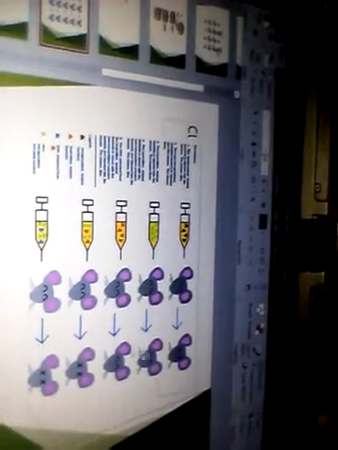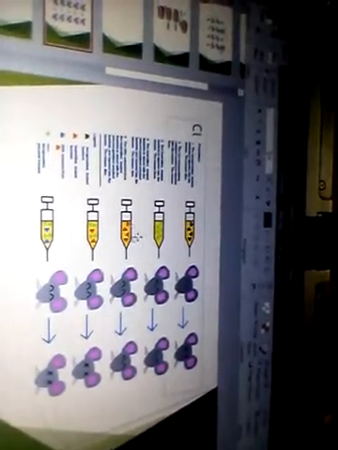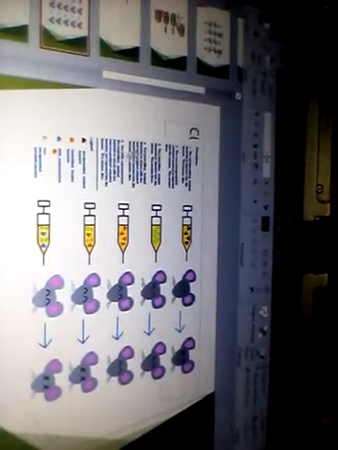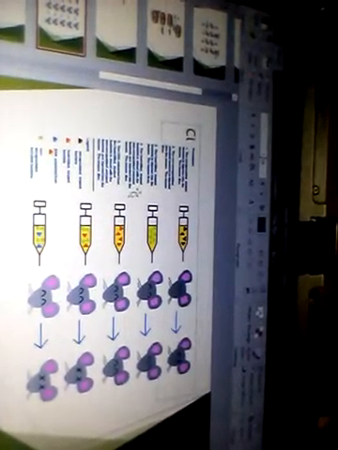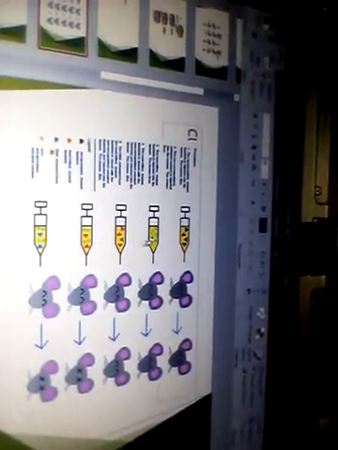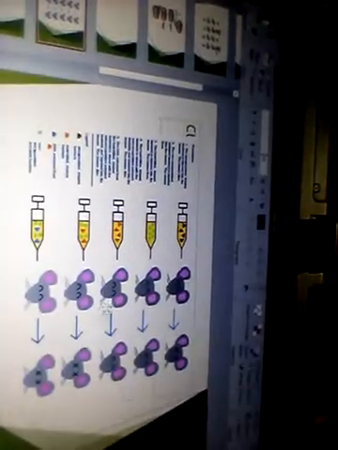You inject it into the mouse, it lives. Then you use heat-killed virulent bacteria mixed with non-encapsulated avirulent bacteria. Essentially you've heat-killed this stuff and mixed it with this stuff. You load it up in the syringe, inject it into the mouse, and the mouse lives.